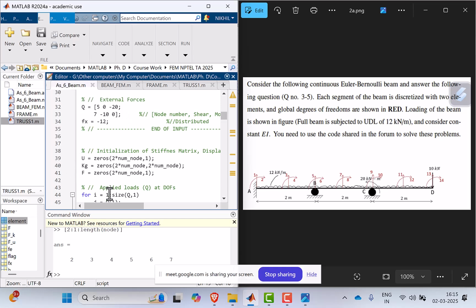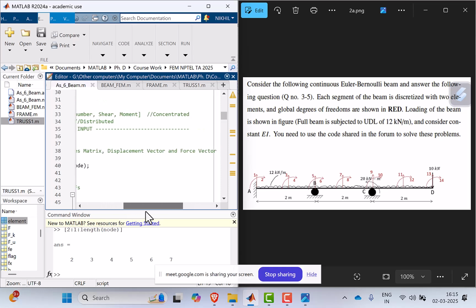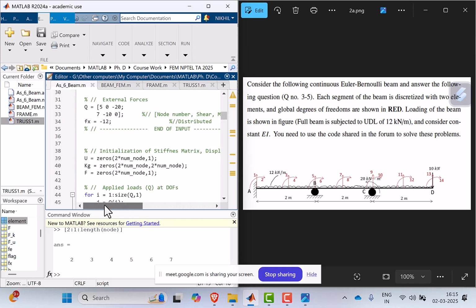Now what we are doing is initializing the stiffness matrix, displacement vector, and the force vector. Initially we'll take u, kg and f as 0, so that MATLAB doesn't have to change the size of these variables again and again. By doing that repeatedly, MATLAB reduces its speed, so it's better to predefine them as 0.